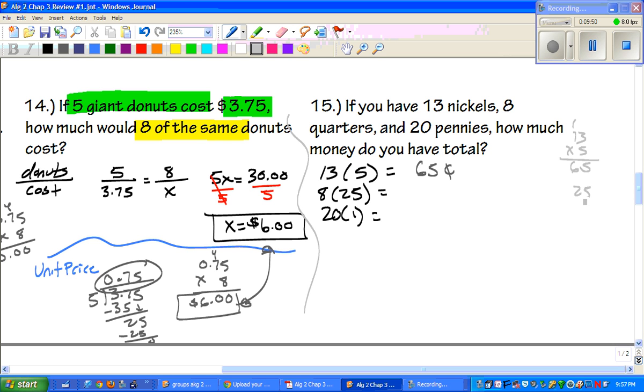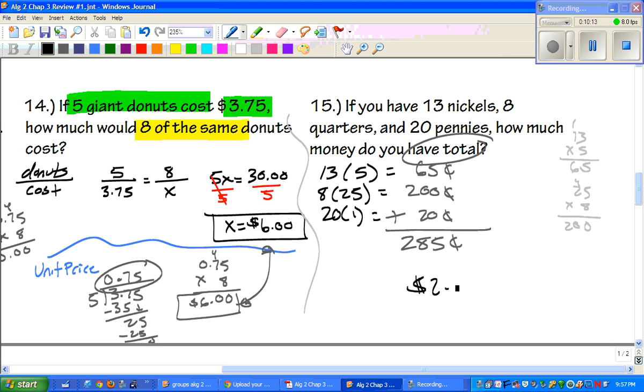Off to the side, 25 times 8, carry the 4, 200. And then hopefully you do not need to do 20 times 1. If you add all those up, you get 285 cents, and the total amount of money, just move the decimal over 2 times, $2.85.